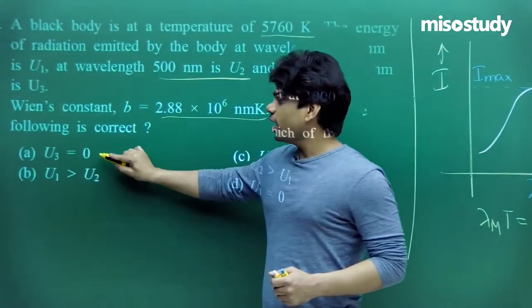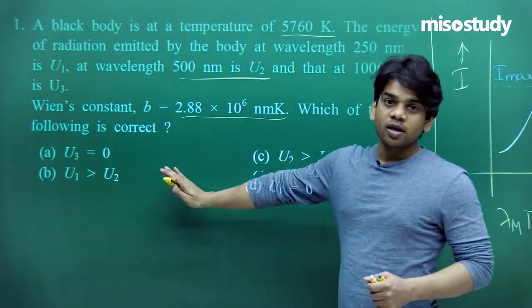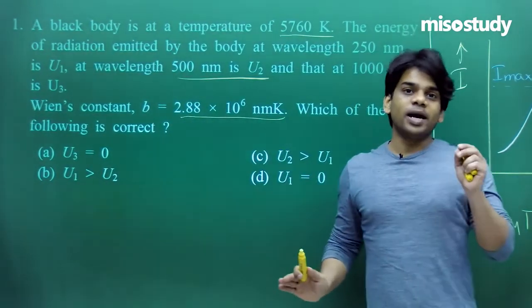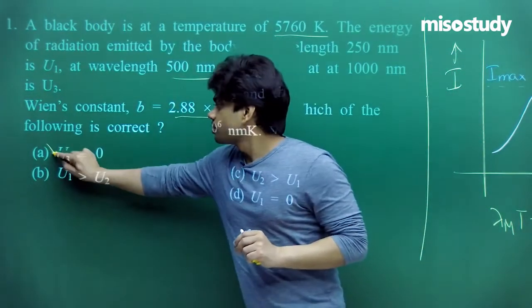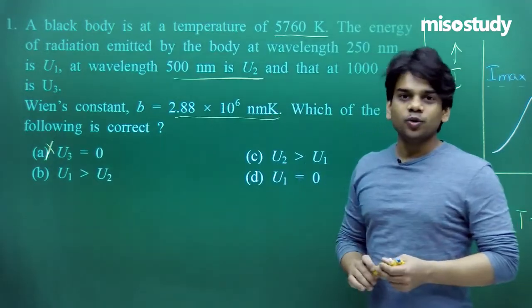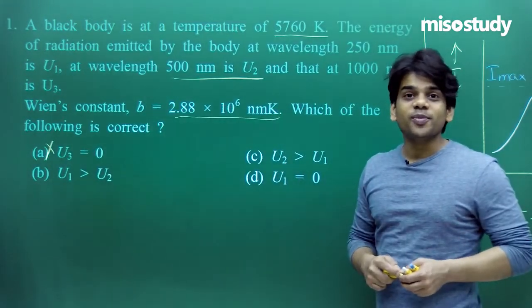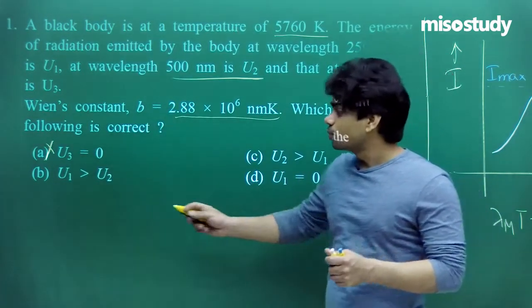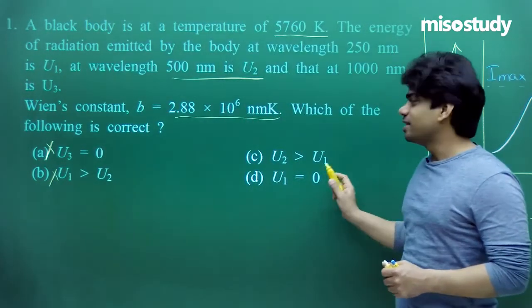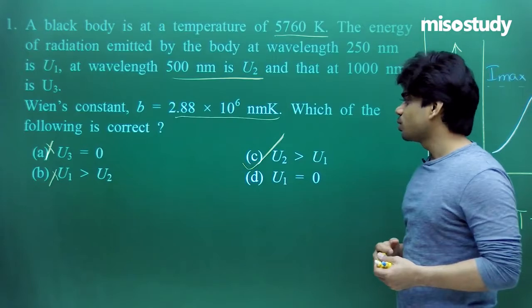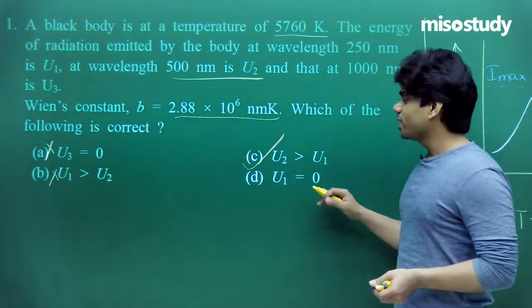So U2 is maximum, so now let us compare. Option A, U3 is 0. At each lambda some energy will be emitted, so U3 cannot be 0. B, U1 greater than U2, that is also not a possibility because maximum is U2. Incorrect. C, U2 greater than U1, yes, this is correct because U2 is maximum. D, U1 is equal to 0.